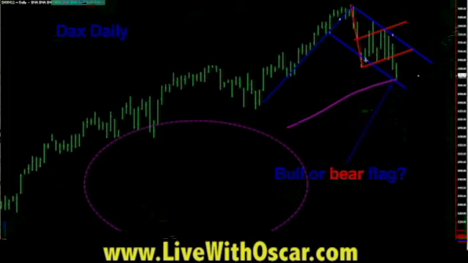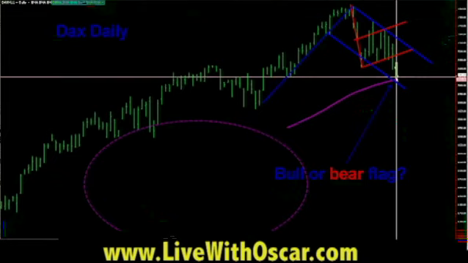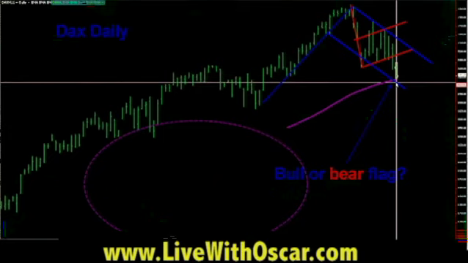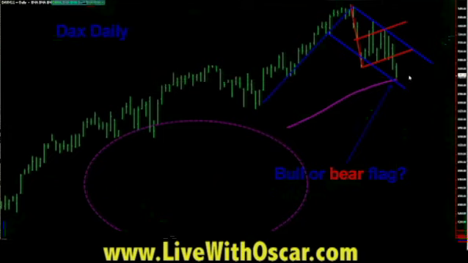Then you have a connection here, and one here, and possibly one here as of today. Depends on how low the DAX goes today into tonight. So we have the leader telling us it's possibly a bull flag, but certainly you just broke out of a bear flag, and you cannot argue that point.